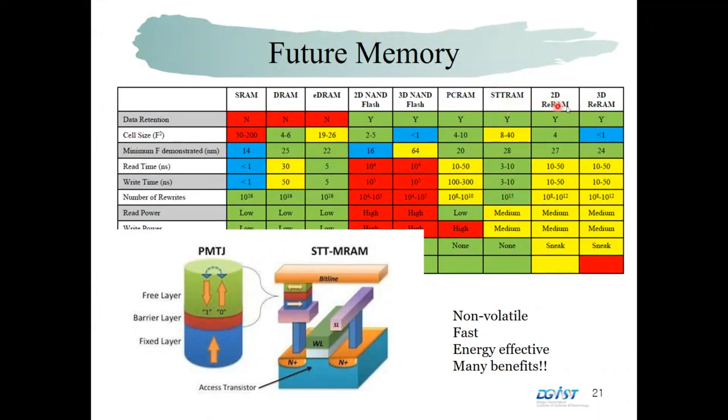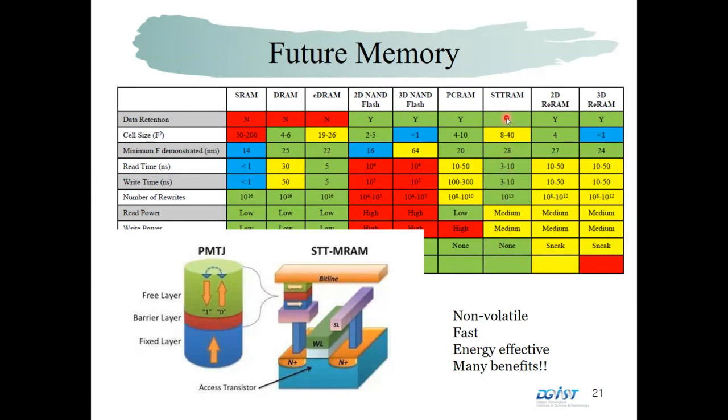There are other types of memory too, and as you see here, there are many categories. The DRAM has many good points, but some red ones. Flash memory also has many good points, but many red parts. And STT RAM looks very promising.